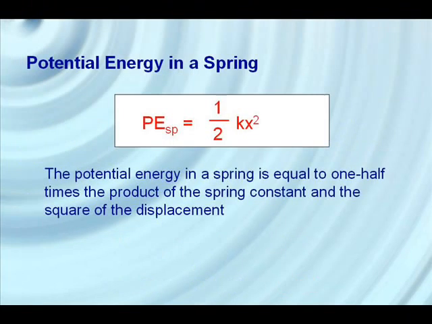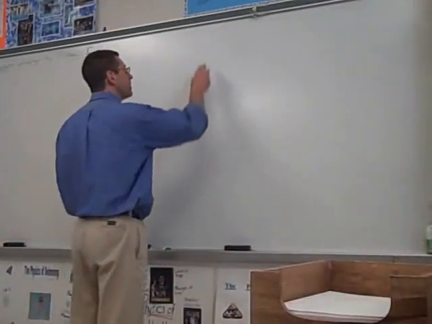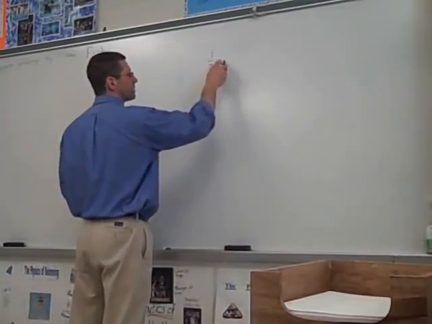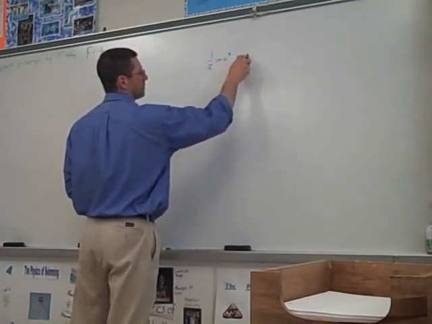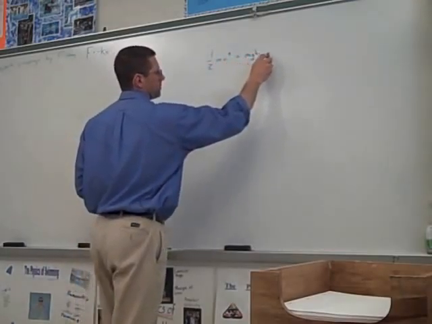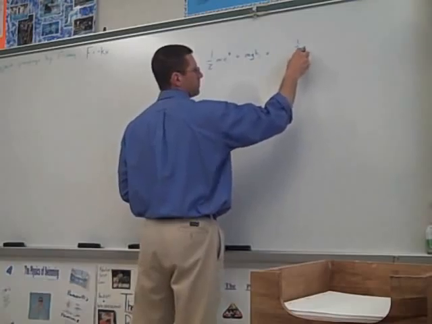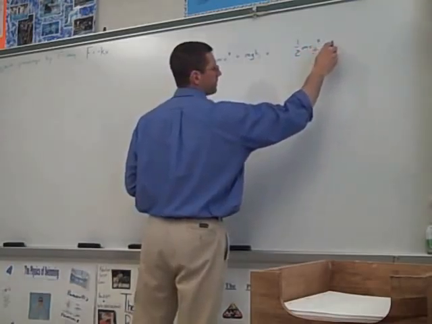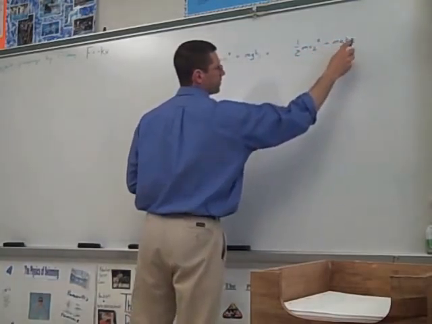The equation to get the potential energy of an object, elastic potential, is 1/2 kx squared. Now in chapters 10 and 11, we worked with this equation. Hopefully you recognize it. Right, conservation of mechanical energy.